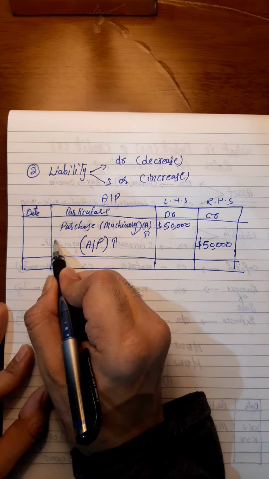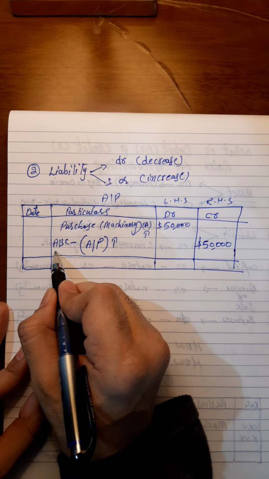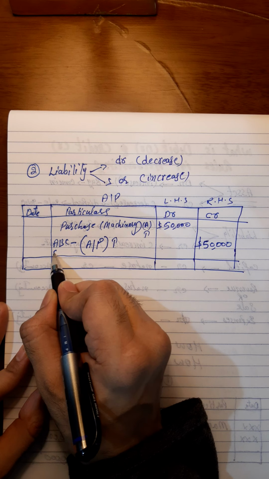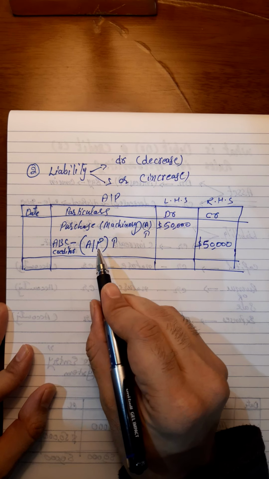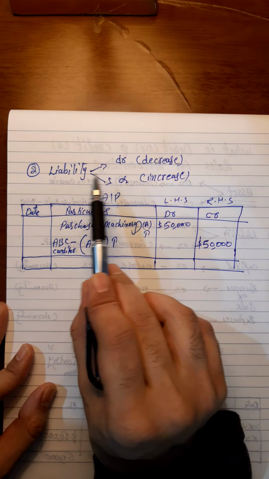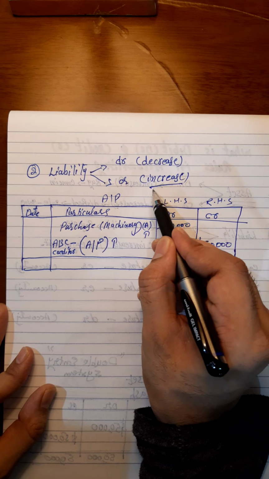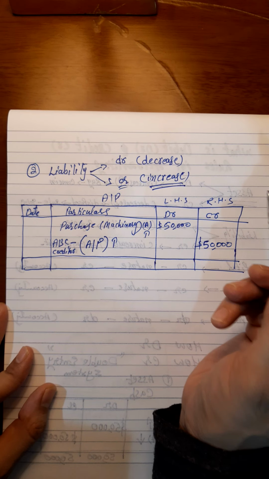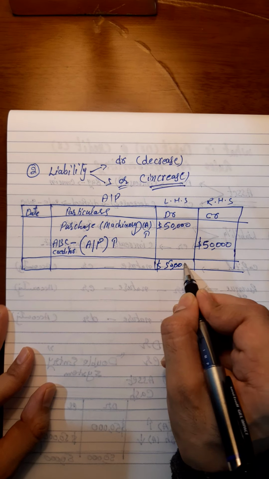We purchase from A, B, C. We will credit our creditor name. Now our liability increases. When our liability increases, it will credit 50,000.